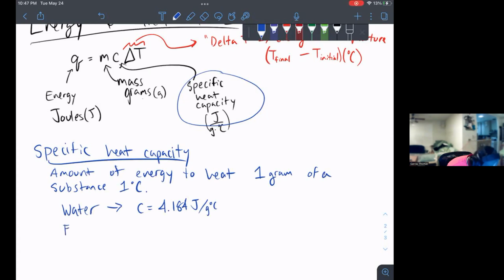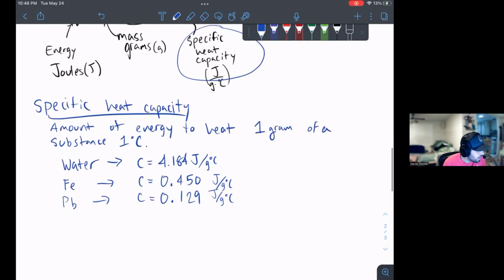A couple other things like iron. Iron has a specific heat capacity of 0.450 joules per gram degree Celsius. Lead has an even lower heat capacity of 0.129 joules per gram degree Celsius.